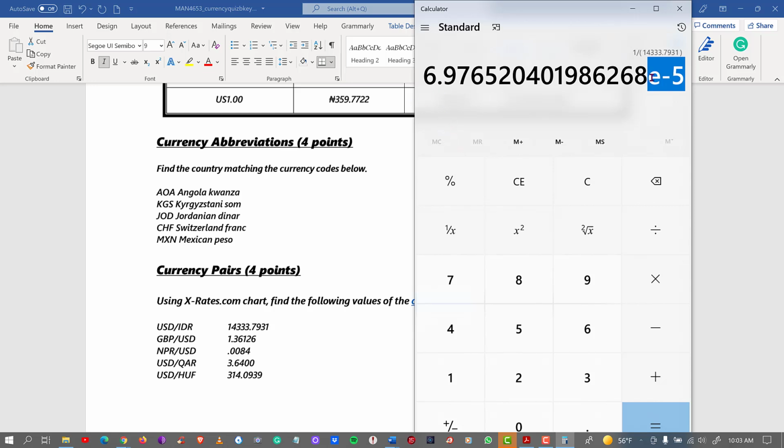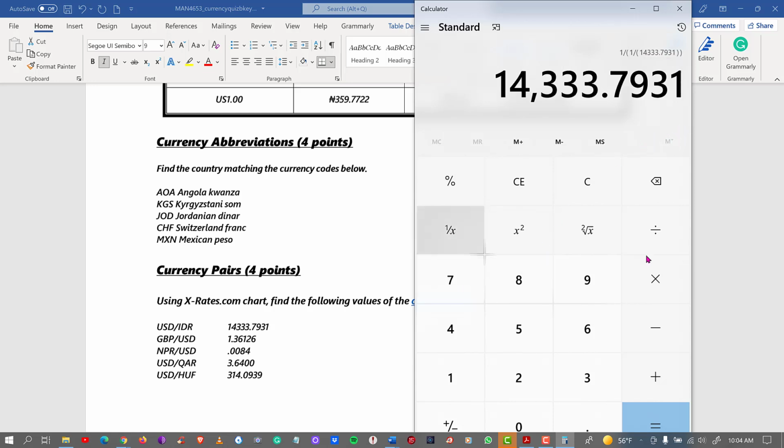So this would be e to the negative 5th. You would go 1, 2, 3, 4, 5, period, and then put zeros. So that would be 4 leading zeros, 0.0000697, etc. That's how you read that.